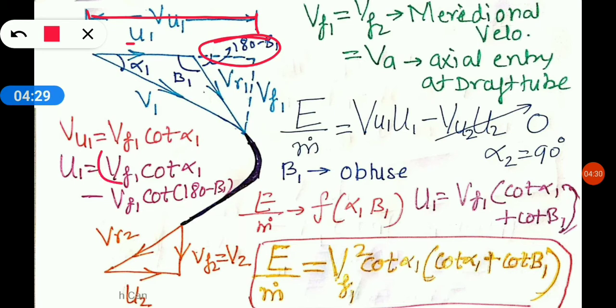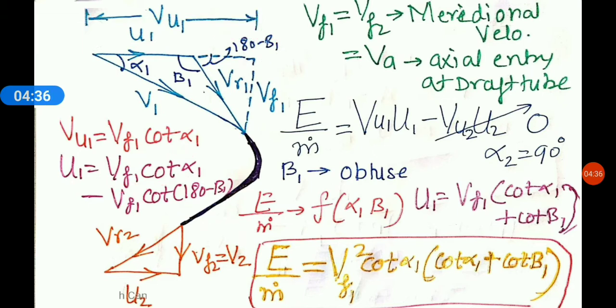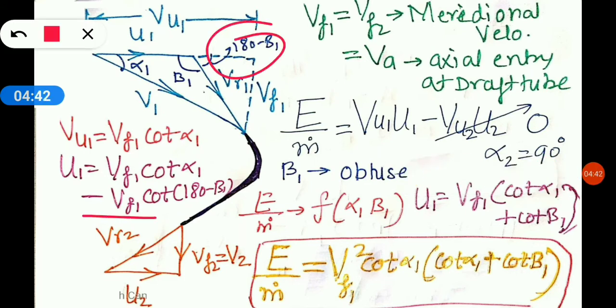Vu1 is nothing but Vf1 cot alpha 1 minus this length, means what? Minus Vf1 cot (180 minus beta), because this angle is how much? 180 minus beta. So this is reduced, so that is what you are getting. So now cot of (180 minus beta) is minus cot beta, so it would become plus. So that's why you are getting U1 is equal to Vf1 into (cot alpha 1 plus cot beta 1).